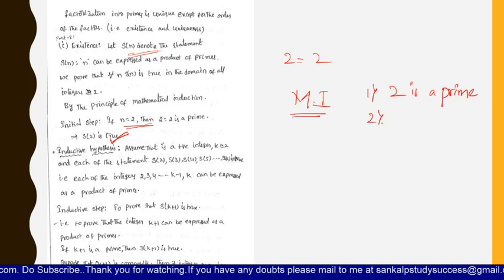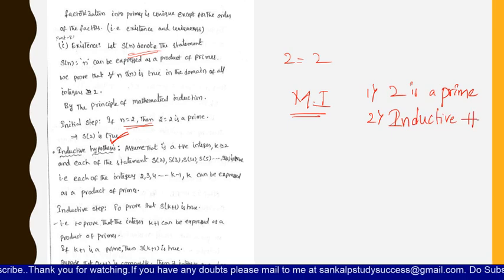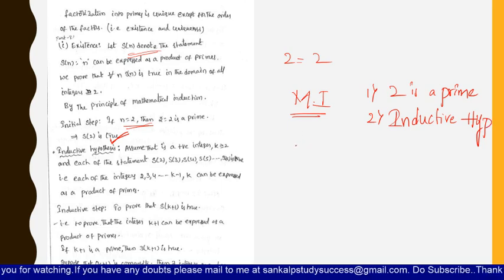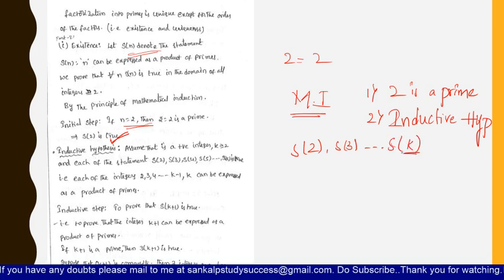In the second step, by using the inductive hypothesis, you will consider S of 2, S of 3 and so on up to S of k. That means you are proving for k here.